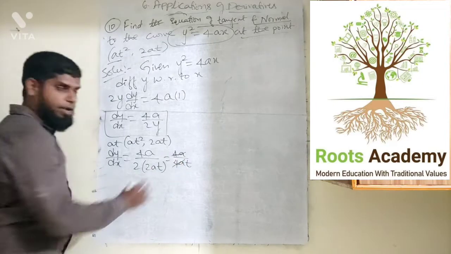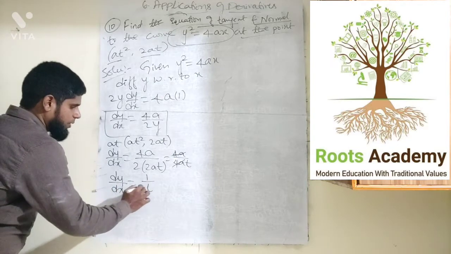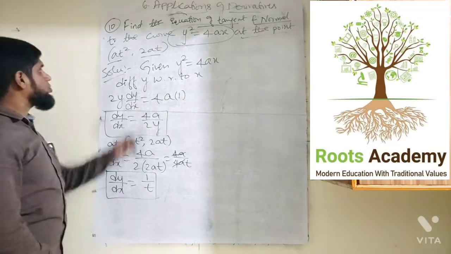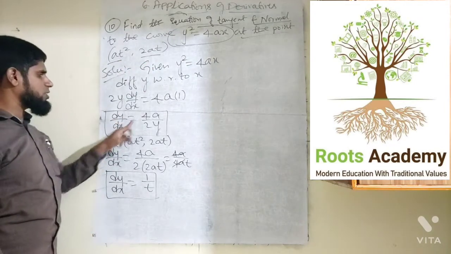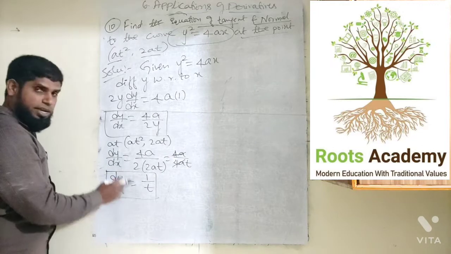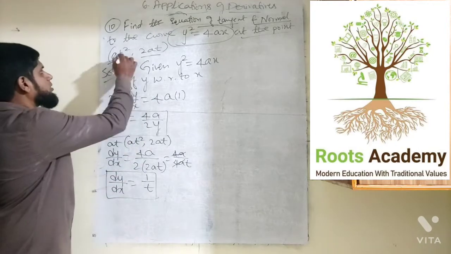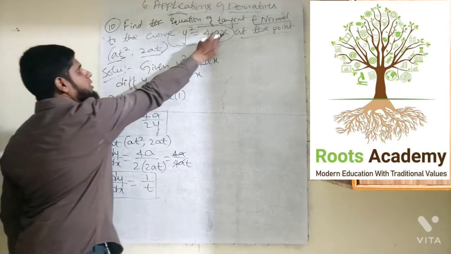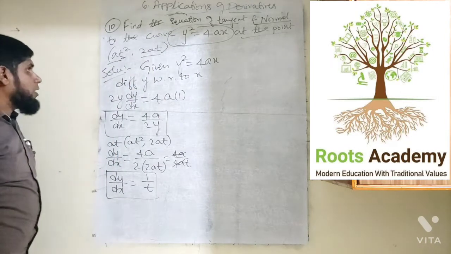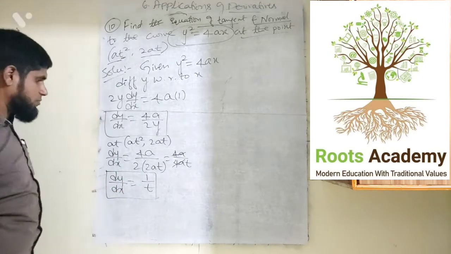Numerator 4a, denominator 4a gets cancelled. In that, my dy by dx is 1 by t. Before substitution of this point, my dy by dx is 4a by 2y. After substitution of this point, our final dy by dx is 1 by t. As mentioned here, t is a parameter, but both x and y depend on t here. It is a parametric form. Now we got slope of tangent. Let us find the equation of tangent now.